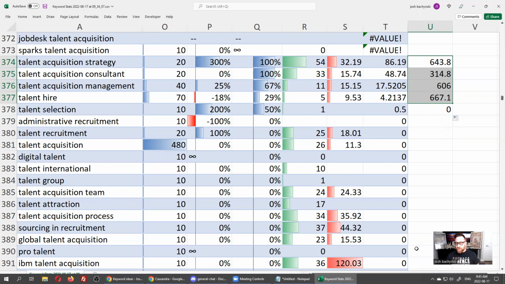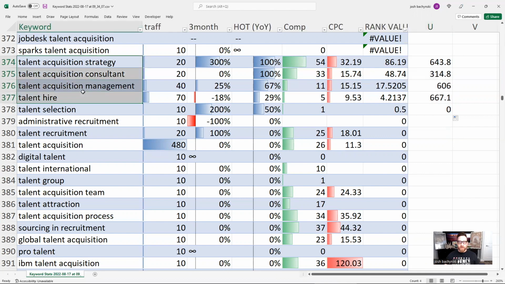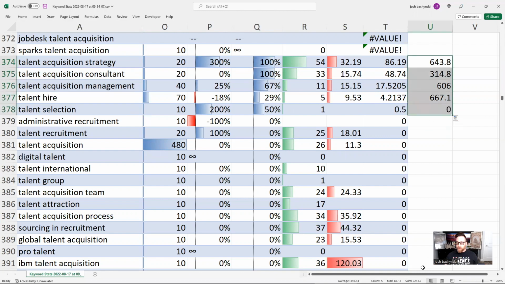If 2,231 is 10% of what you should be making, 22 grand a month on these keywords, right? If those numbers bear out that these hot keywords are rising, just these keywords alone, ranking for these keywords should make your client, theoretically capturing all that traffic, $22,000 per month at a standard marketing budget of 10%.